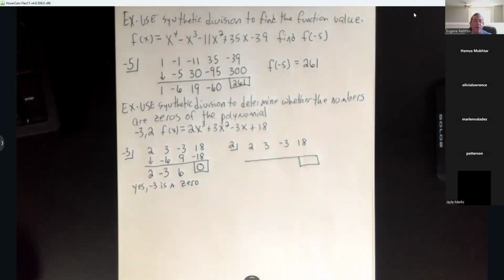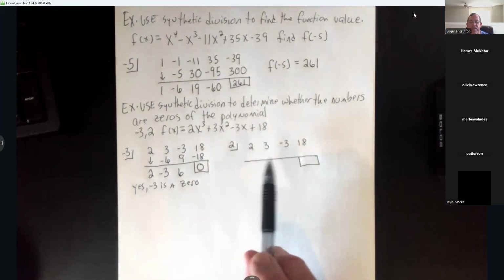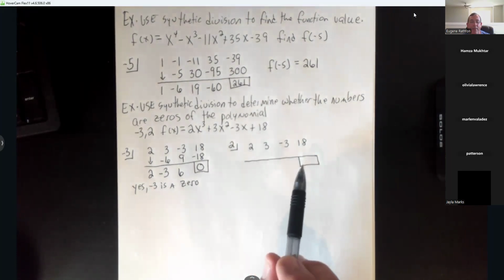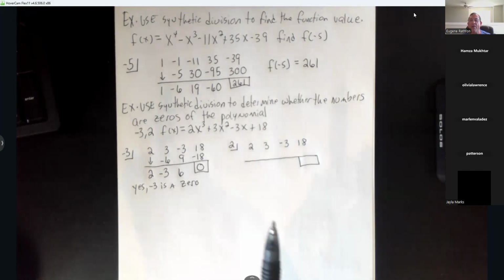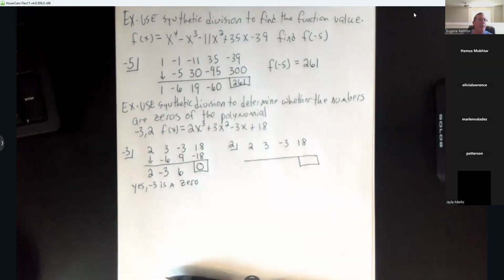All right, y'all, so let me give y'all a minute or two. One of y'all run this synthetic division and tell me, is 2 a 0 or not? If 2 is not a 0, then give me your remainder, okay? So y'all, I'm just going to let y'all run that in 2.